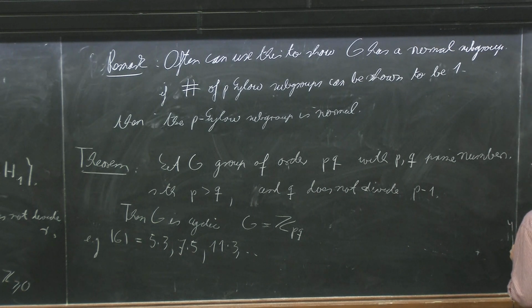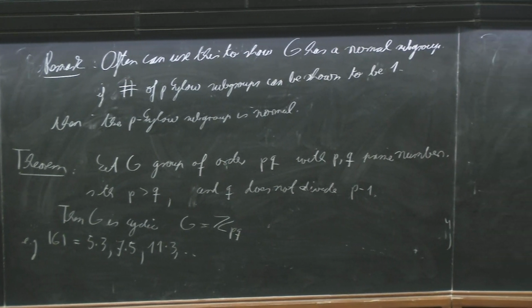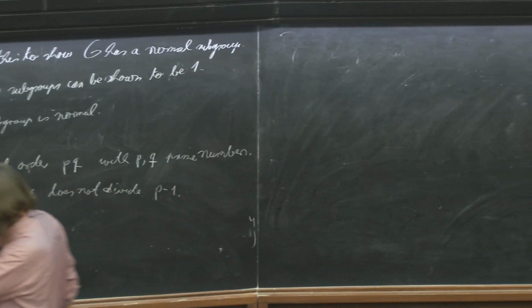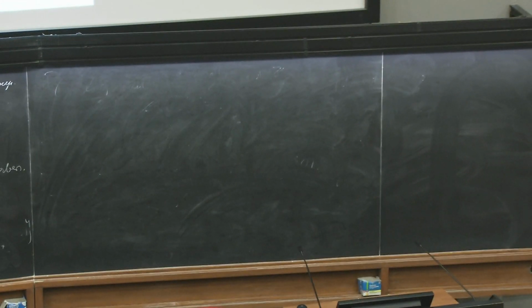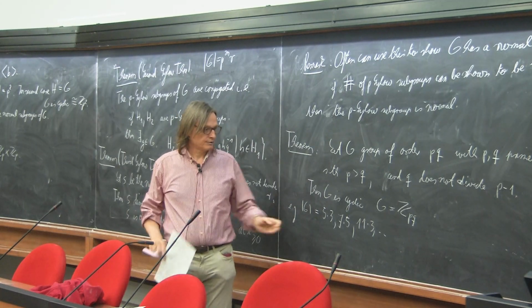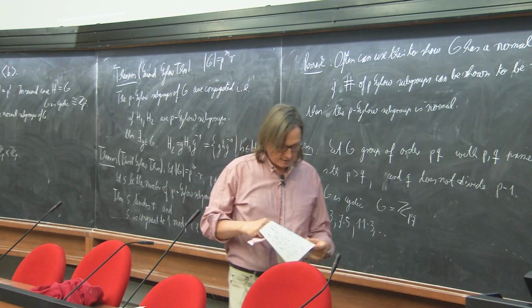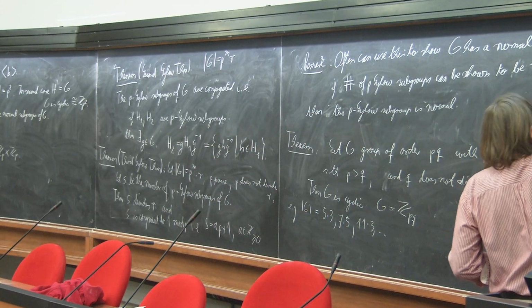So now we will, in some sense, just put together what we had. So we will show that there is a unique P Sylow subgroup and a unique Q Sylow subgroup. These two, therefore, are normal subgroups, and therefore our group is isomorphic to their product. And this is a product of a cyclic group of order P and a cyclic group of order Q, and so it is cyclic itself. So that's how it goes. Let me do it.